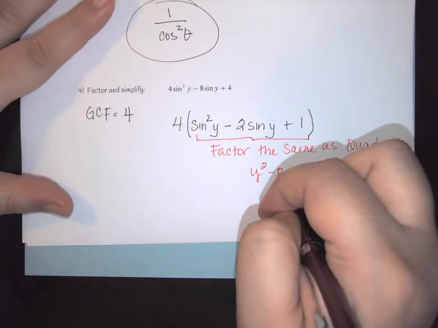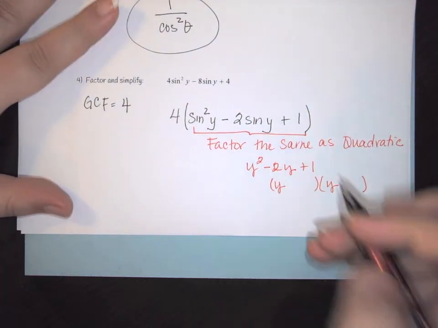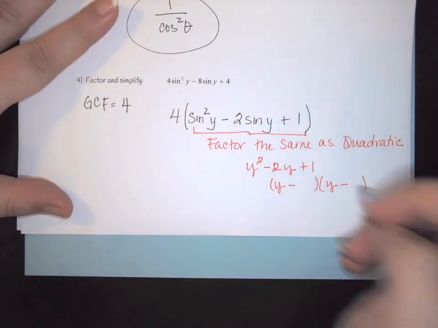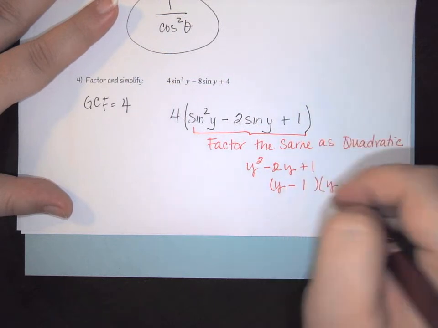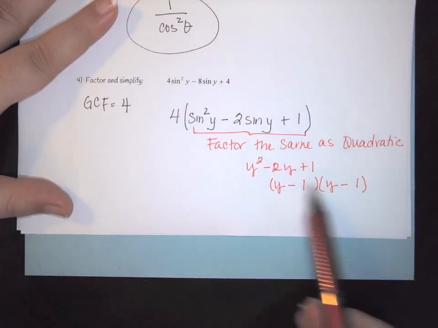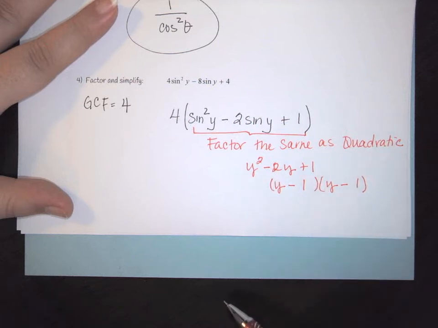Where we would factor this into y and y. My back term is positive, my middle term is negative, so I have subtract. And then I need factors of 1, which are 1 and 1. And so if you look at this, y and y is y squared, negative and negative is negative 2y plus 1. So this would be our factor.